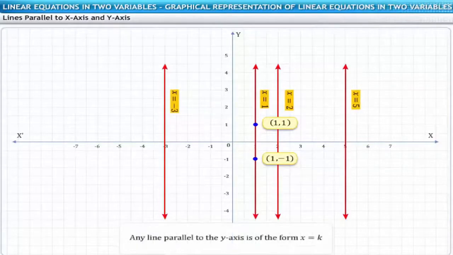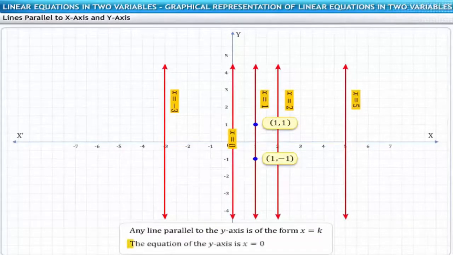On generalizing, we can represent any line parallel to the y-axis as x equals k. Now, what happens in case of the equation x equals 0? The line coincides with the y-axis, so we say that the equation of y-axis can be given by x equals 0.